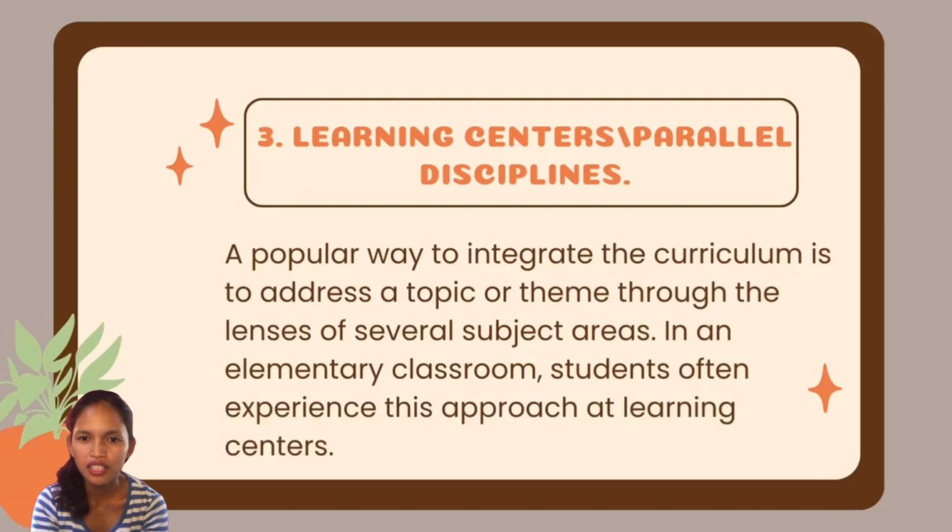The third one is the learning-centered or parallel discipline. A popular way to integrate the curriculum is to address a topic or theme through the lenses of several subject areas. In an elementary classroom, students often experience this approach in learning centers.